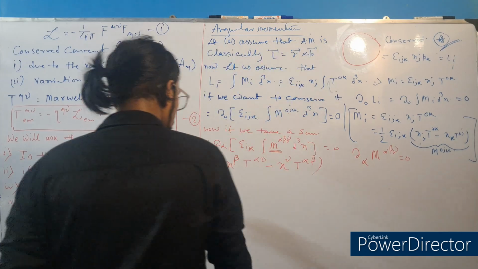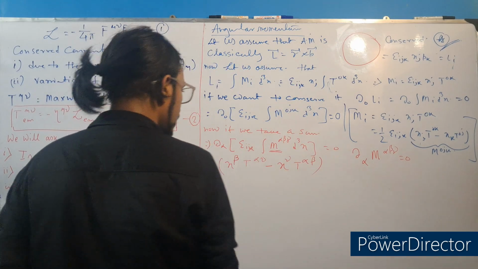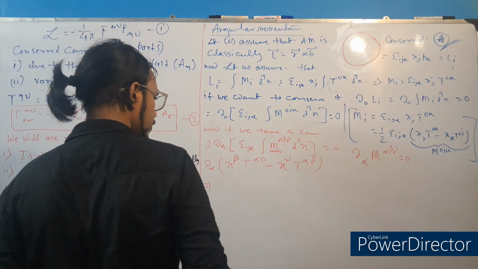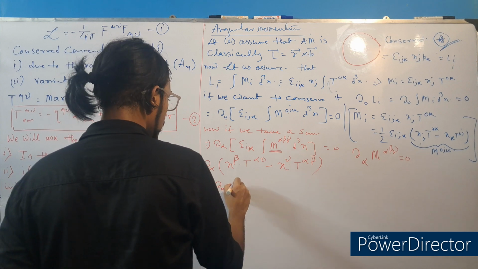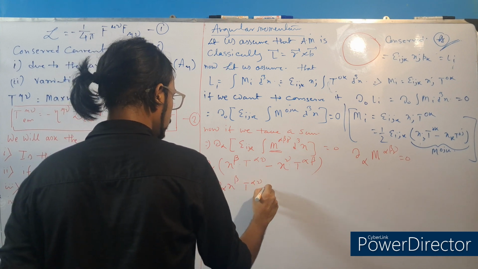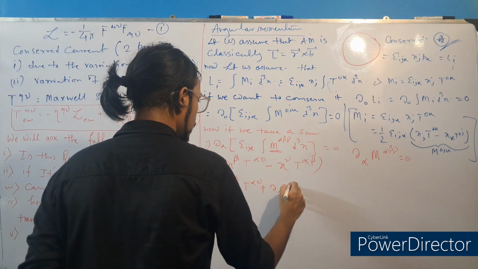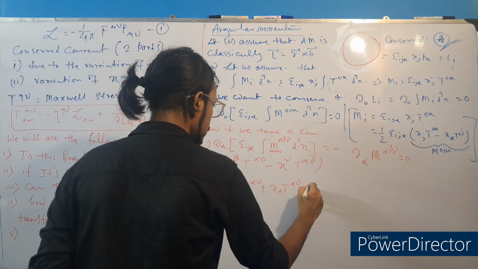Yes, now I will just perform the derivative. This is the product rule of derivative. So del_alpha x^beta T^{alpha gamma} plus x^beta del_alpha T^{alpha gamma}.